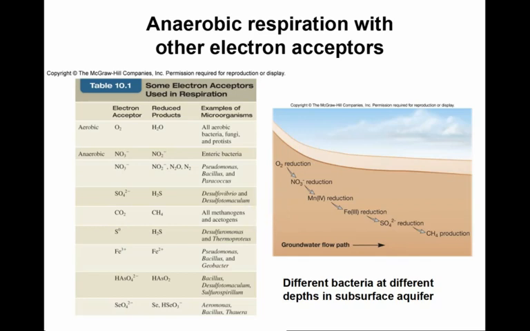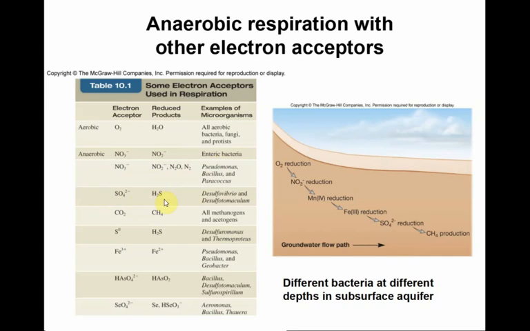So for example, using nitrate as the electron acceptor, lots of enterobacteria can do this. Same for Pseudomonas, Bacillus and so on. But there are a lot of bacteria that can use sulfate or thiosulfate as the electron acceptor. And this will produce reduced forms of sulfur, H2S.